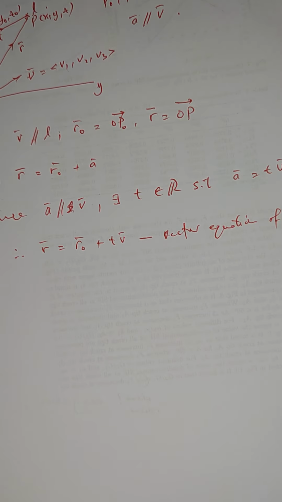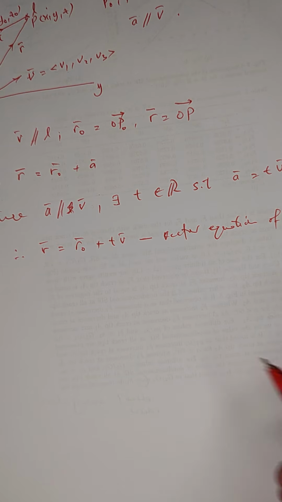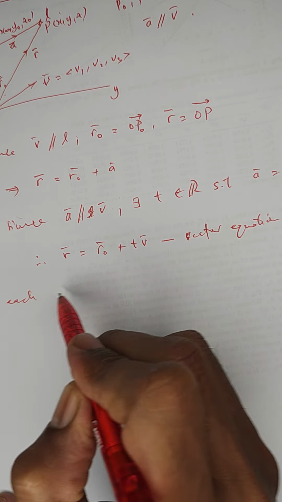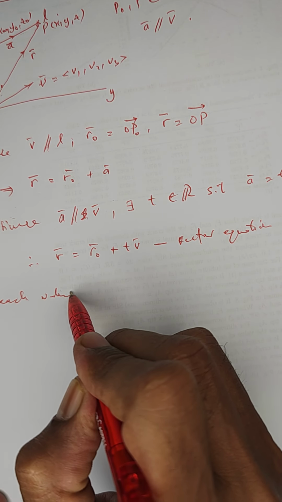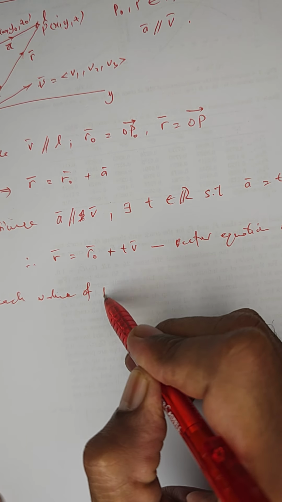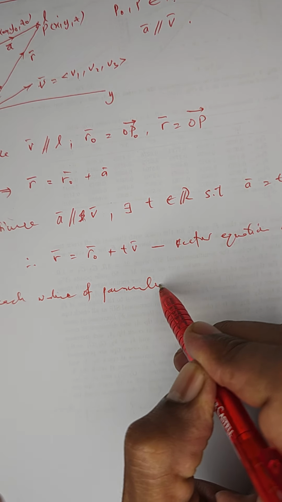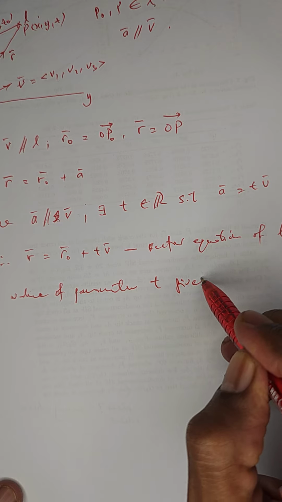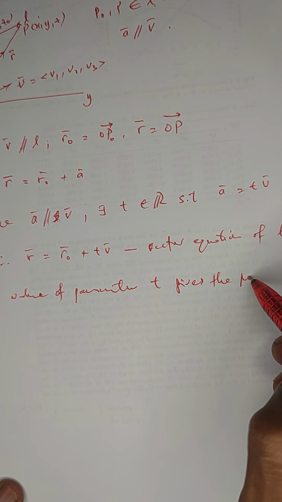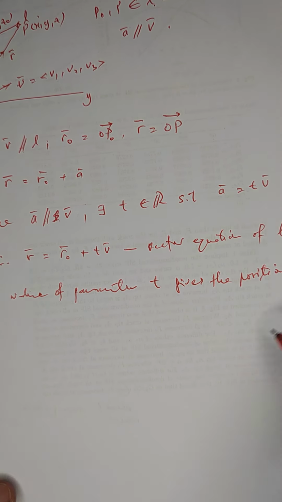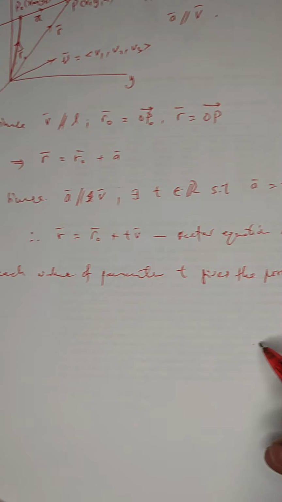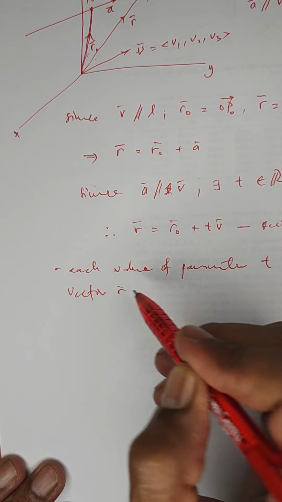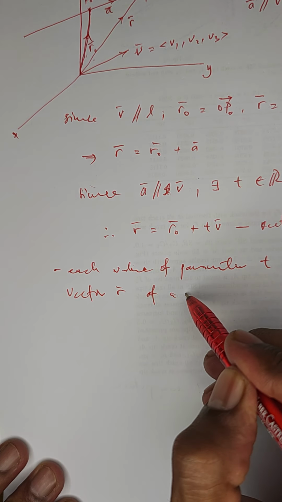So let me write this: each value of parameter t gives the position vector r of a point on L.